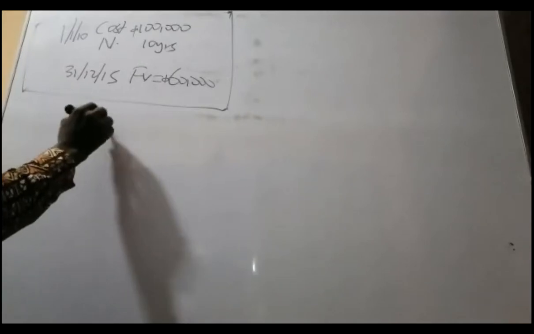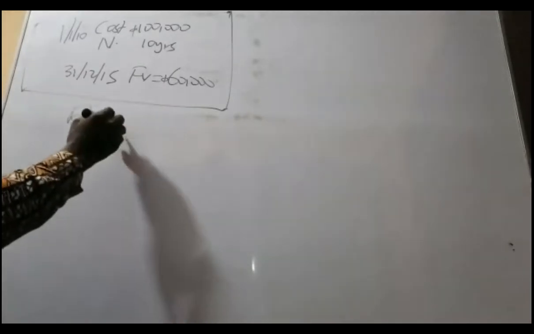Now let's see. We calculated the current amount and we had 40,000. And we performed the revaluation gain or loss. We said that the revalued amount was given to us to be 60,000.